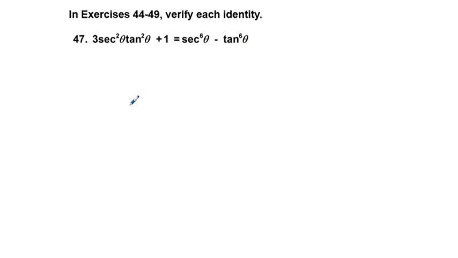Now, problem 47. Now, problem 47 really, to me, seemed to be the hardest of all these identities. In fact, this one is so involved, I'm not going to work the whole thing out, but just get to a certain place. And we're going to change this right side to equal the left side. And we're going to rewrite this secant to the 6th theta minus tangent 6 theta as a difference of squares.